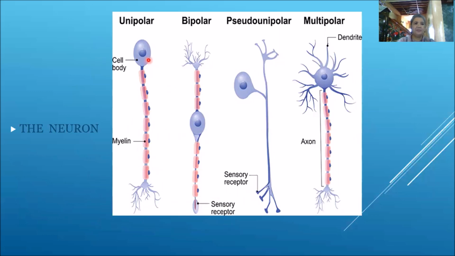So you have here the four types of neurons. You have a unipolar neuron. You see that it has only one axon. The bipolar neuron, which has two axons coming out from the cell body, and the pseudo-unipolar.